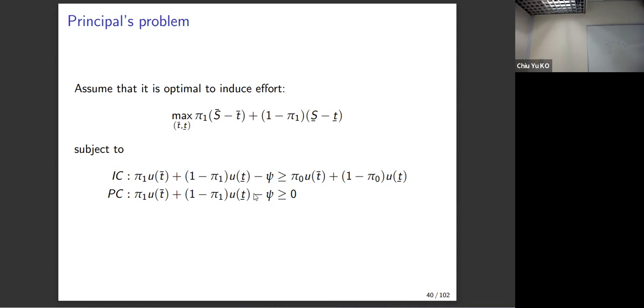Okay, this is the constraint. To solve this, of course, you can use a Lagrangian, but this is very easy to solve. Why? Again, payment is costly to the firm. I want to reduce it as low, as close to zero as possible. So this appears on the left hand side, and on the right side as well.